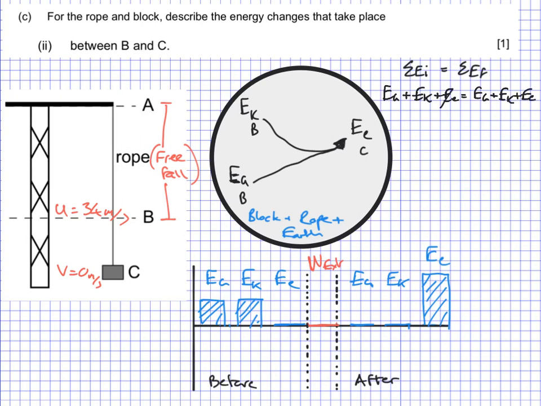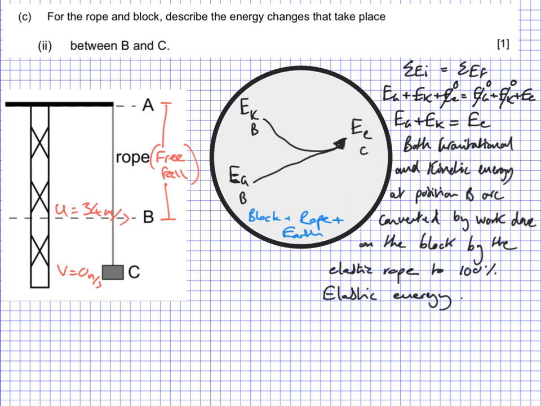And there's zero elastic to begin with, and at the end we have no gravitational or kinetic. So in other words, the gravitational and the kinetic energy at position B are completely converted into the elastic energy at position C. So we summarize with my scrawly writing.